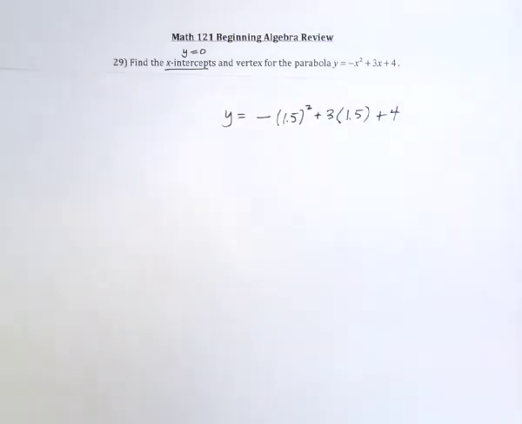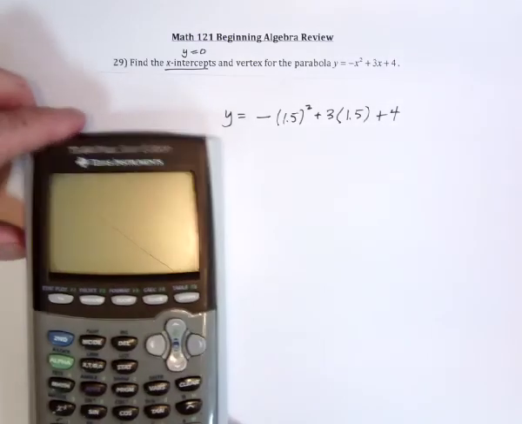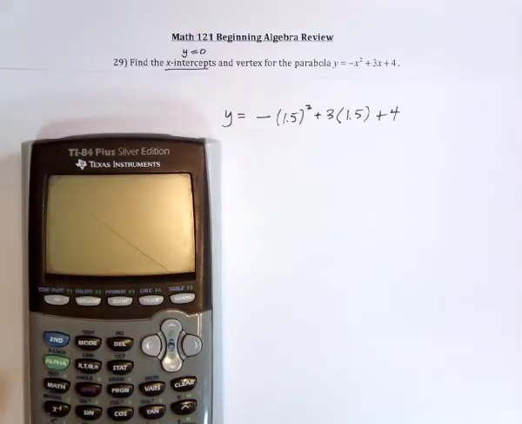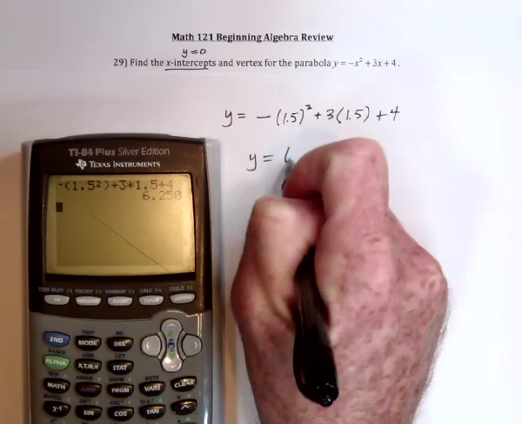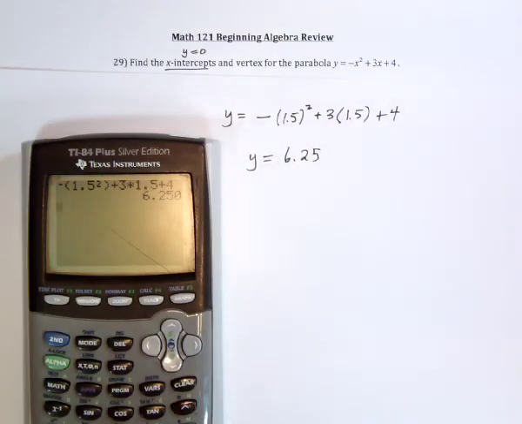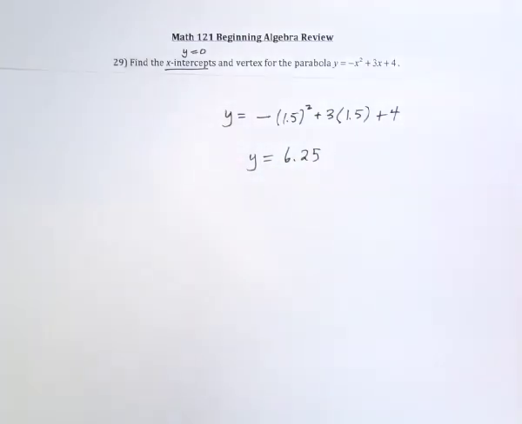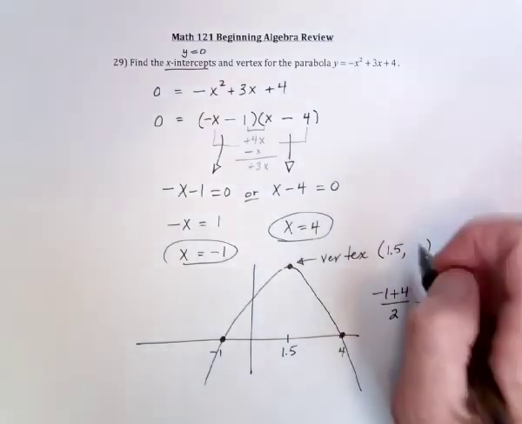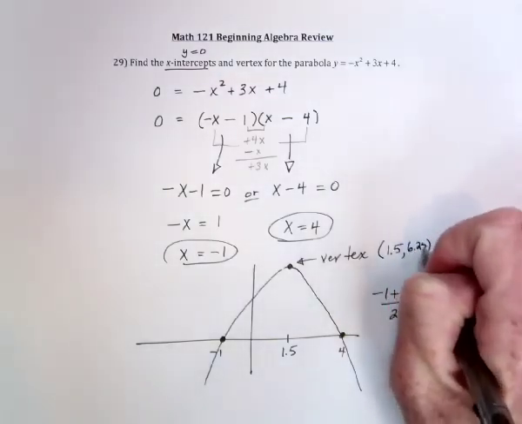And now, with a little help from my calculator, that's going to be negative, and 1.5 is squared, plus 3 times 1.5 plus 4. So y is equal to 6.25. So just finish that, 6.25.